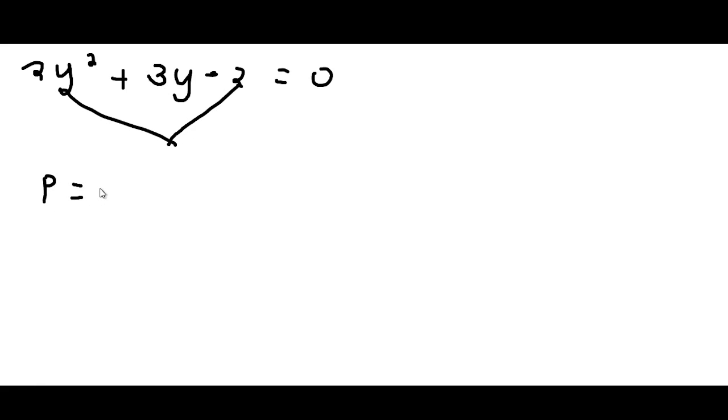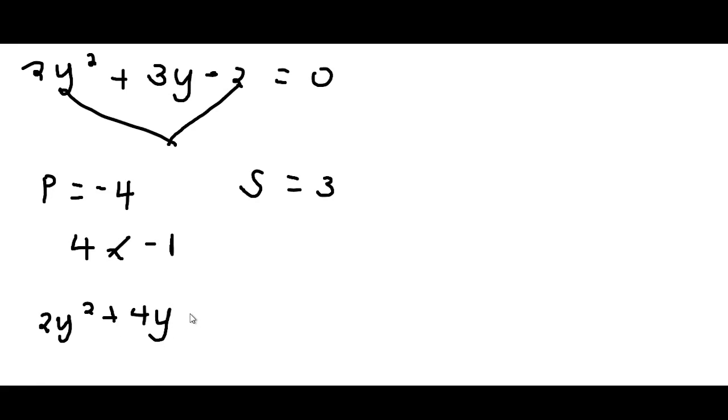Our product will be negative 4 and our sum should be 3. What numbers multiply to give negative 4 and add to give 3? That's 4 times negative 1. So we can write our equation as 2y squared plus 4y minus y minus 2 equals 0.